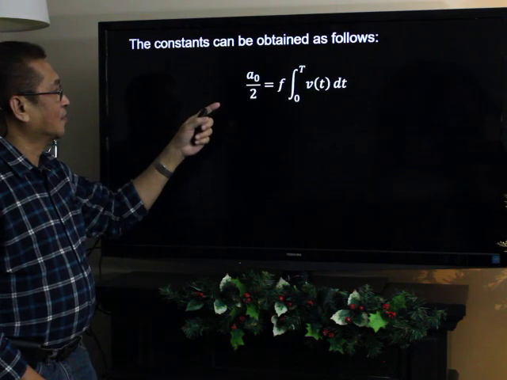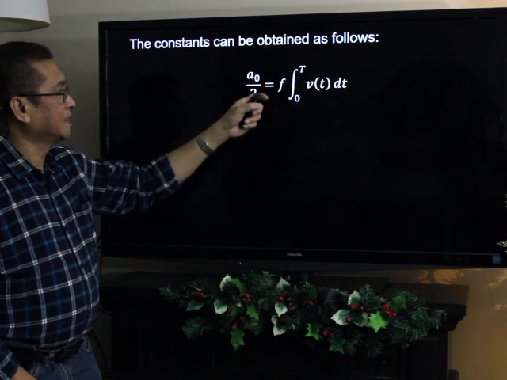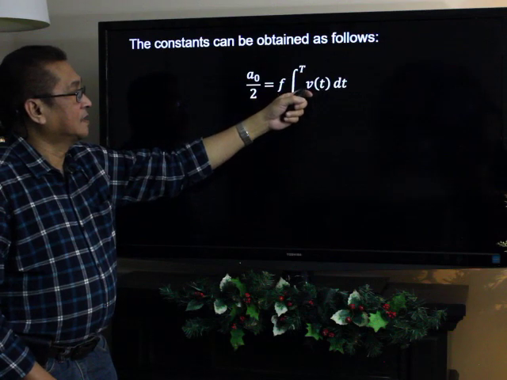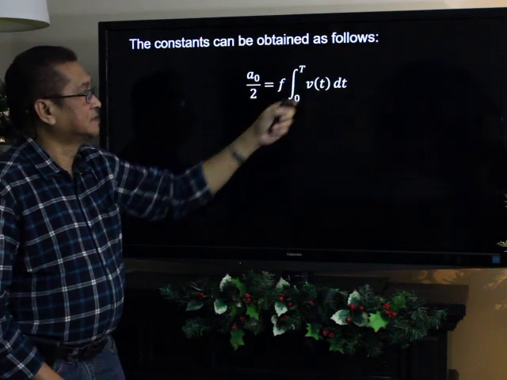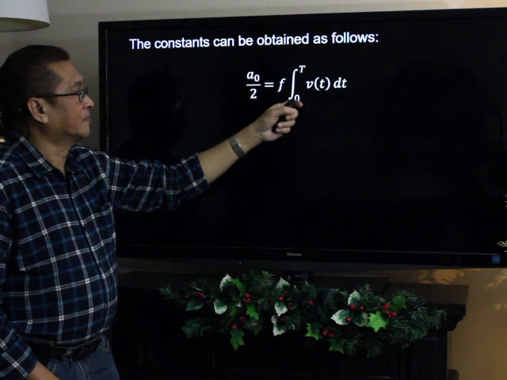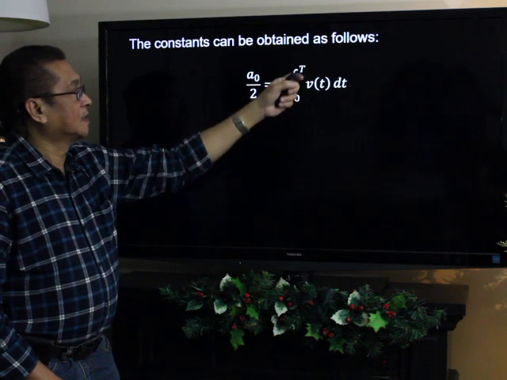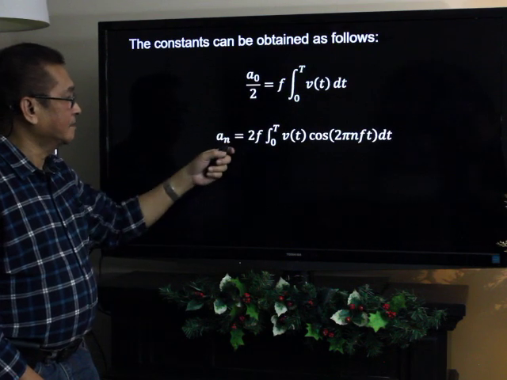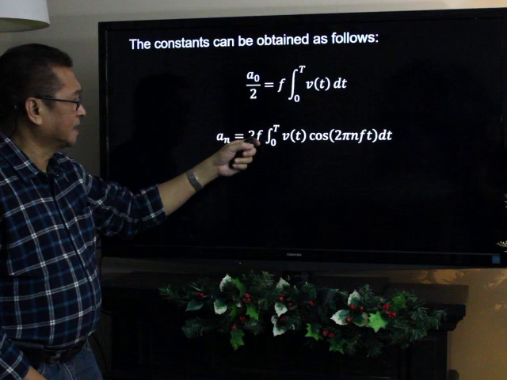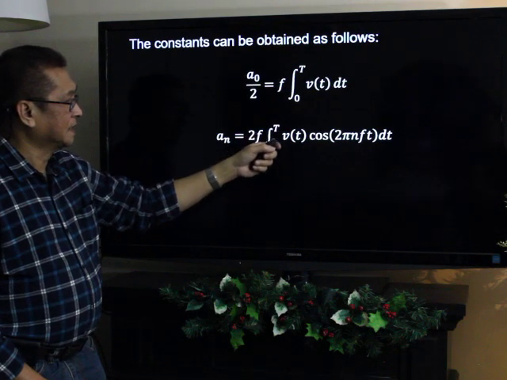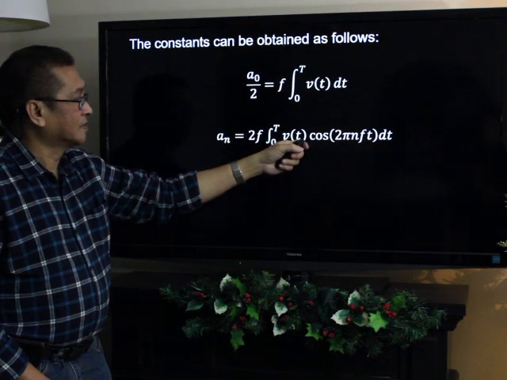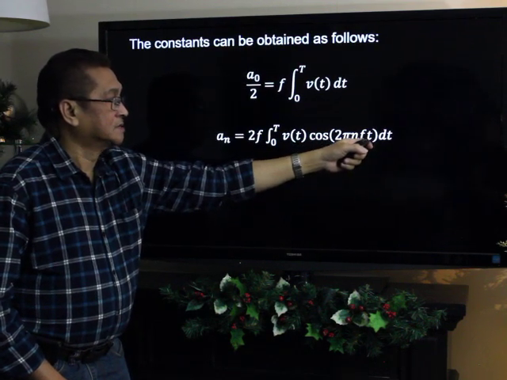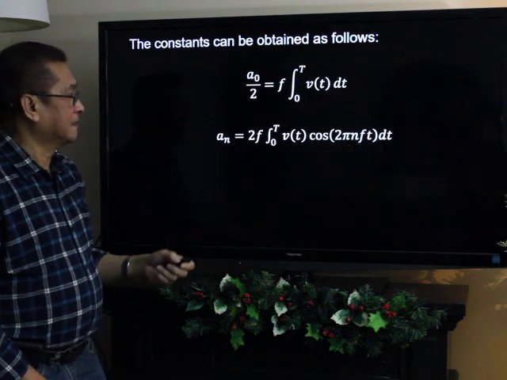So for a sub 0 over 2, we integrate it. We have frequency times the integral of v, the velocity as a function of time, times dt. You integrate it from the lower limit 0 until the period. And a sub n can be obtained using 2 times the frequency times the integral of the velocity function of time times cosine 2 pi n frequency times time times dt.